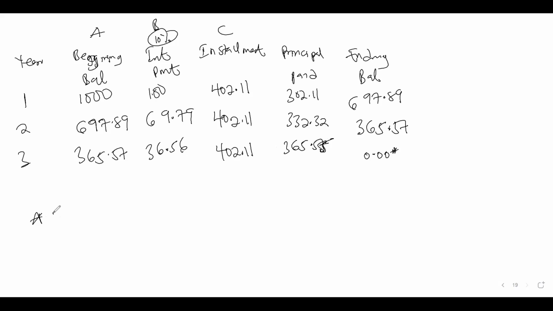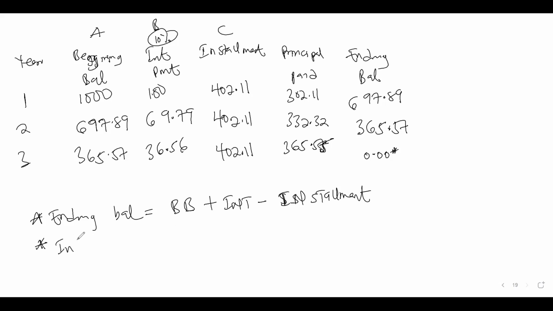So this is what we are saying. Ending balance is equal to beginning balance plus interest minus installment. Interest payment is simply the interest rate times beginning balance.